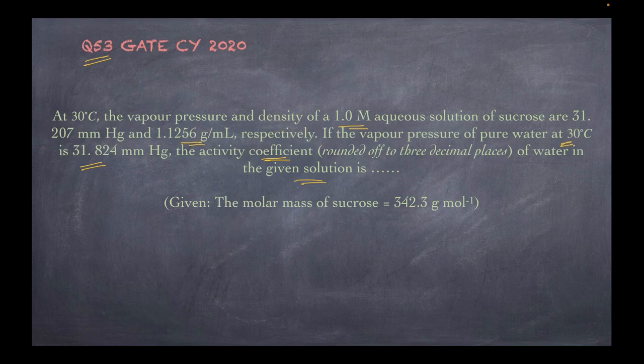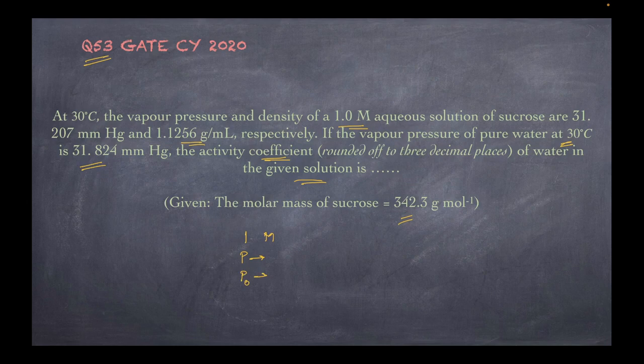The molar mass of sucrose is also given, 342.3 gram per mole. Now, we have a sucrose solution, the molarity is 1 molar, the vapor pressure of the solution P and the vapor pressure of the pure solvent, that means water, P0, are given. Density is given. Now we have to find the activity coefficient.